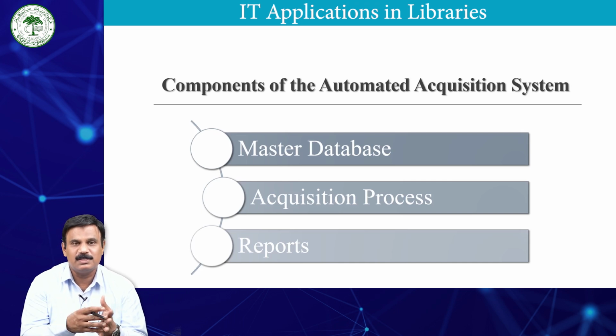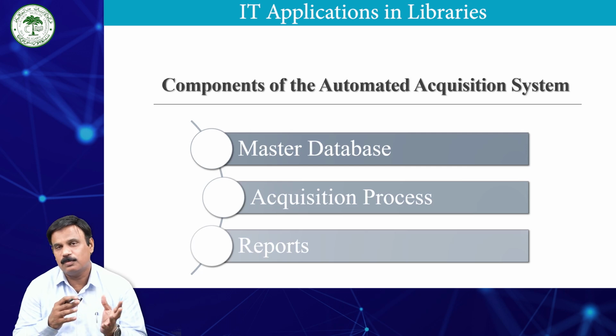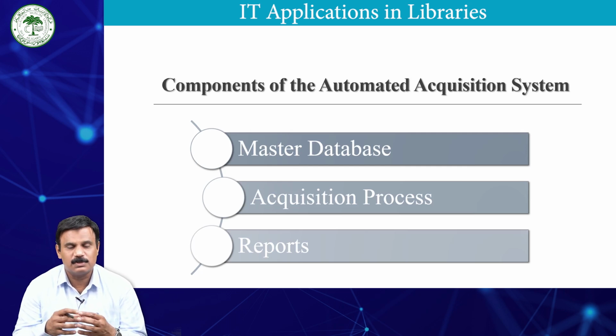The acquisition process we already discussed, how we are doing this process. Now we will be discussing the various databases which you have to create in the acquisition system, and the reports we have to generate for various processes and activities of the acquisition system.